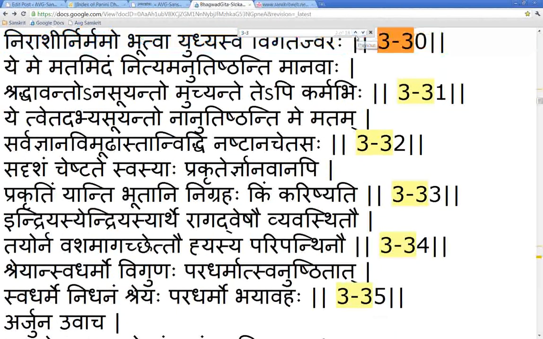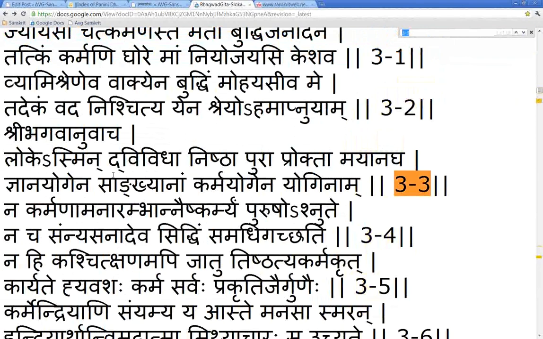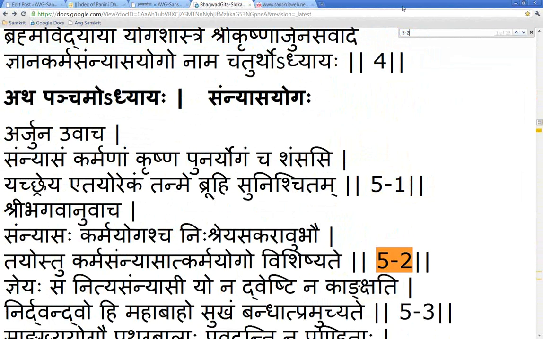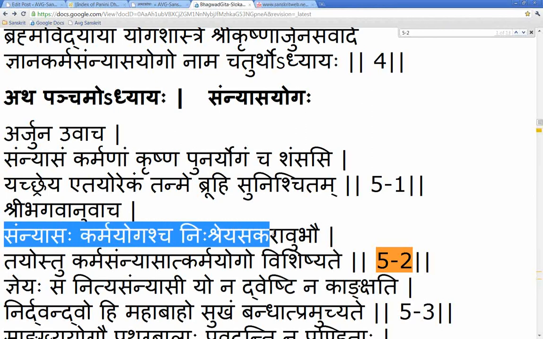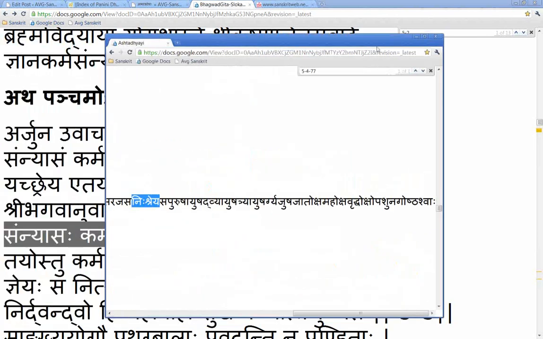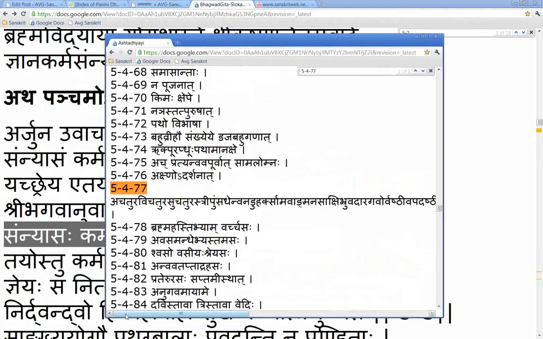Which is this one. Sannyasa lokis nivsa nishtha. No, maybe in chapter 5 then. Excuse me, chapter 5. Yeah, here it is: Sannyasah karma yogash cha nishreyasakarav ubhau. So when you chant the Gita next time, when you chant this sloka number 2 of chapter 5, immediately chant this sutram, achatura, vichatura, suchatura, stripumsa, and so on.